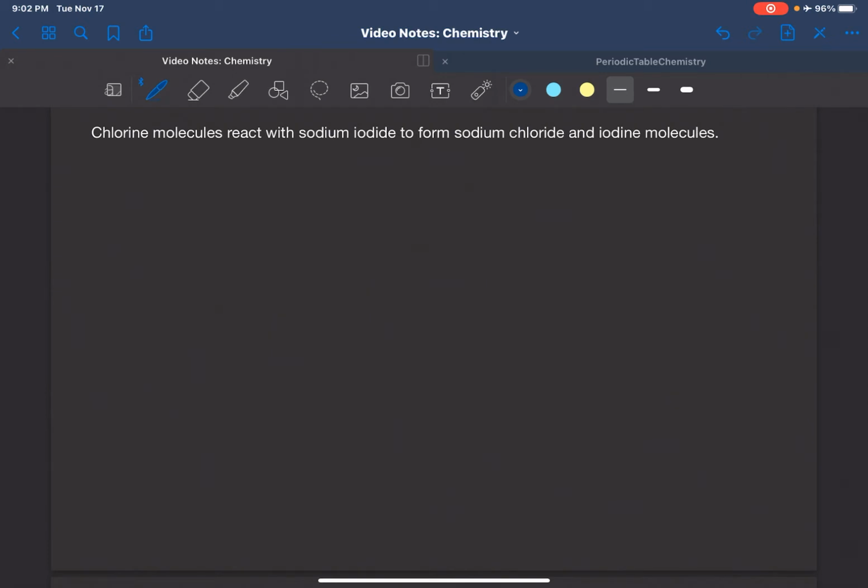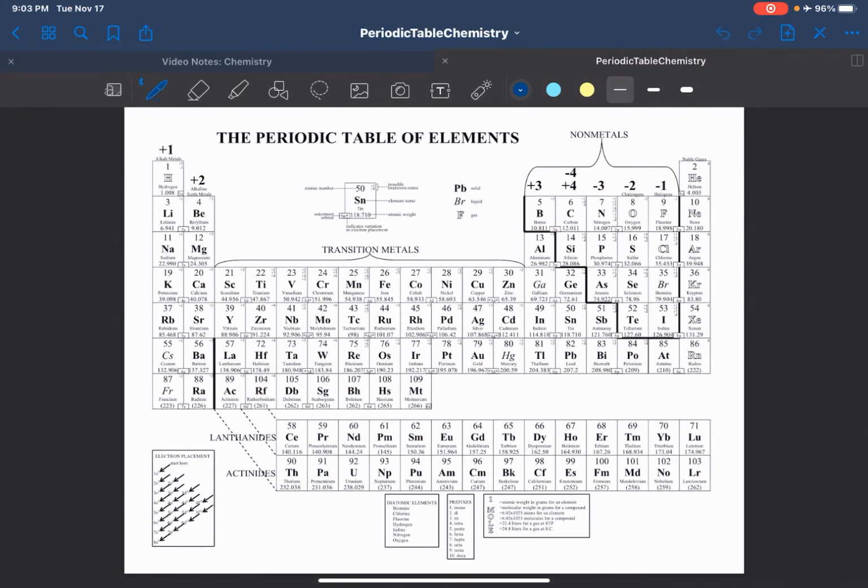So we've got chlorine molecules reacting with sodium iodide to form sodium chloride and iodine molecules. So let's take a look at this. We've got chlorine. Always make sure you have a periodic table with you.